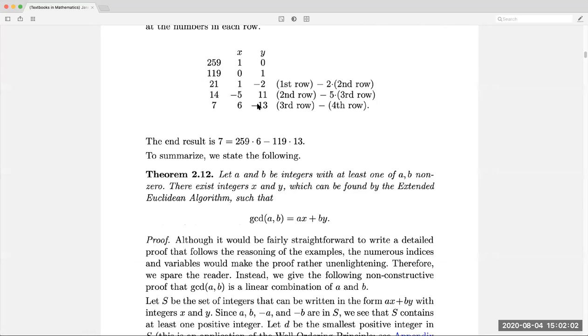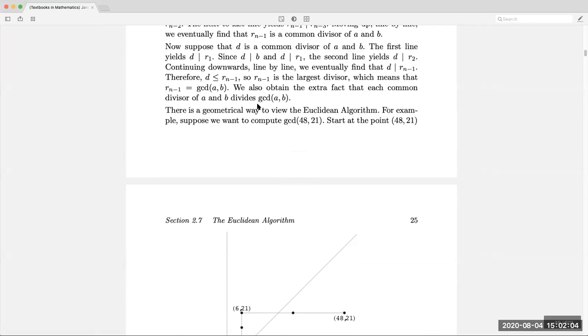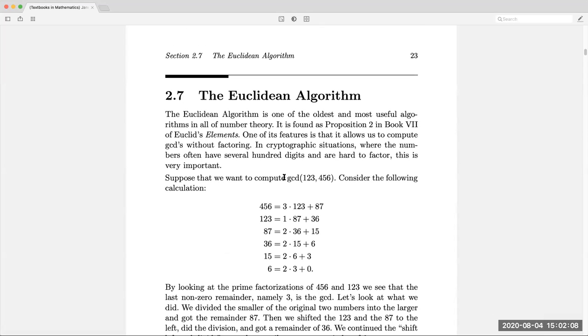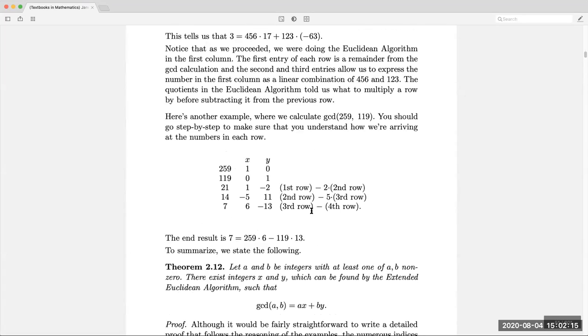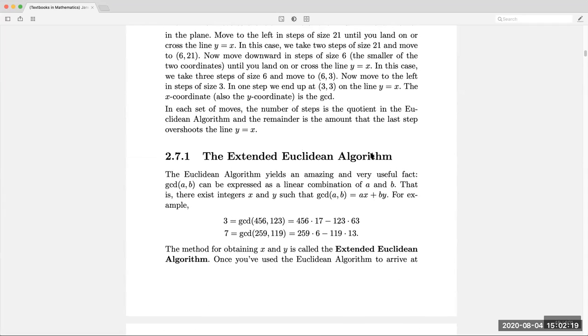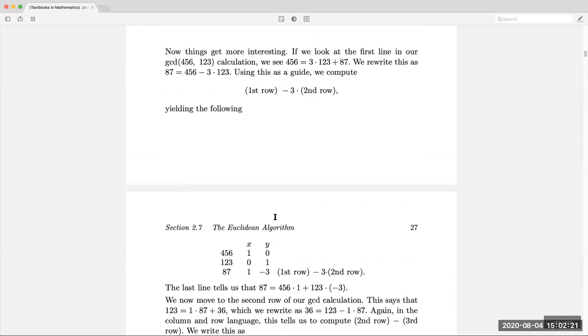So let's go back to the number theory. The last time I taught you how to find the GCD of two large numbers. Then let's skip this part, the extended Euclidean algorithm.